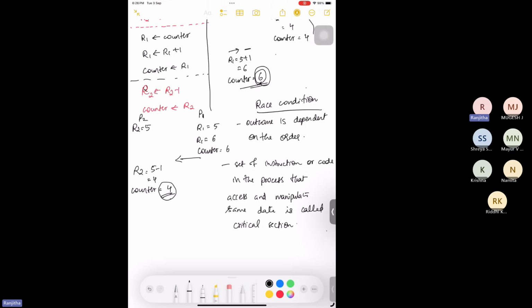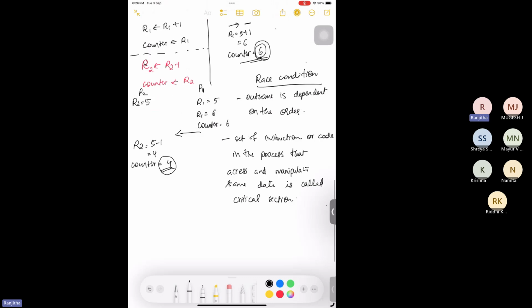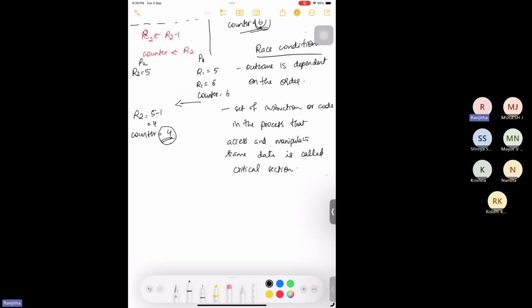So when we have critical sections in different processes, it is important that we have some synchronization mechanism so that we can stop the race condition. Okay, so this is where synchronization comes in.